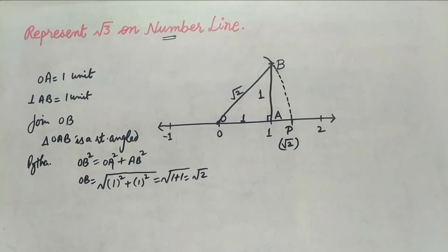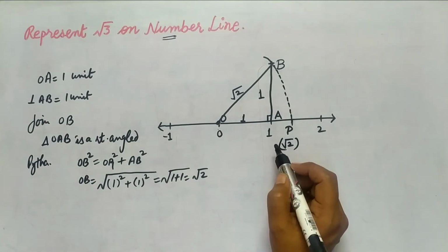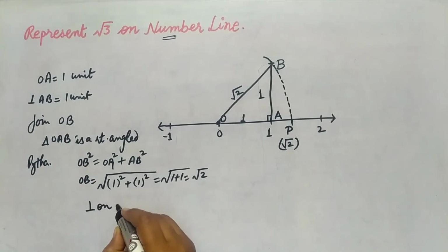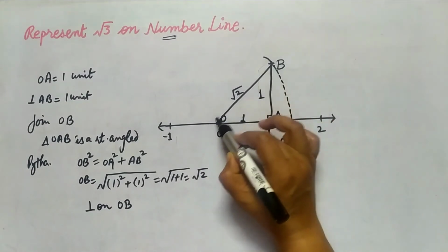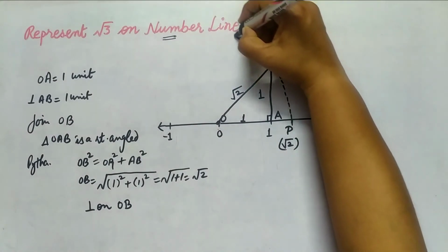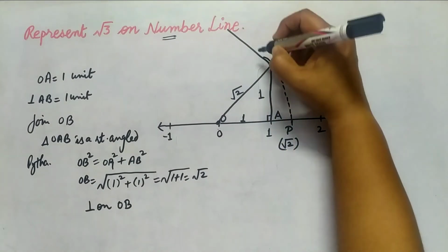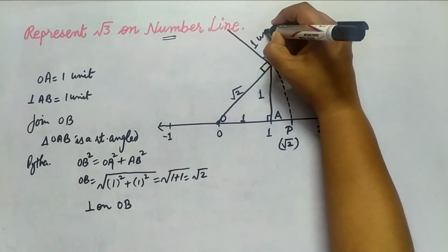Next comes under root 3. How we can draw that? From the same figure, we now draw a perpendicular on OB. This is OB, and we draw perpendicular here like this, and take this perpendicular as 1 unit.